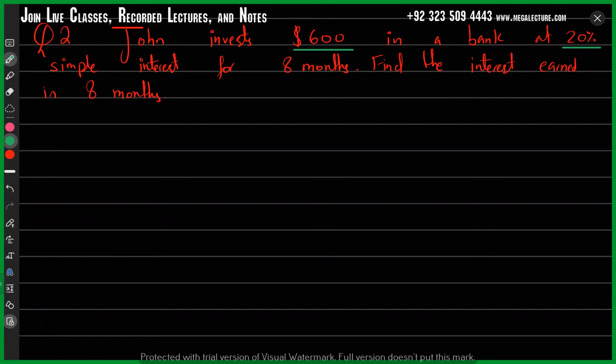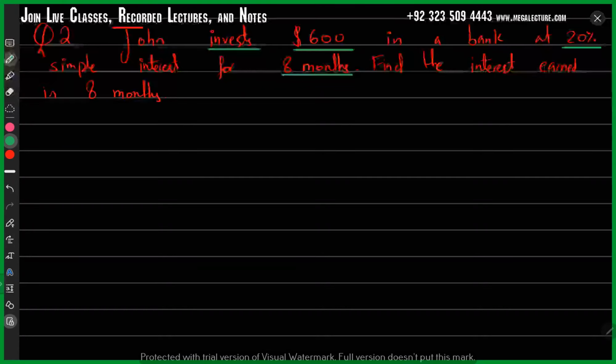After 12 months you would get 20% of the initial amount, that is 600. Invests means that he has deposited $600 at the bank.